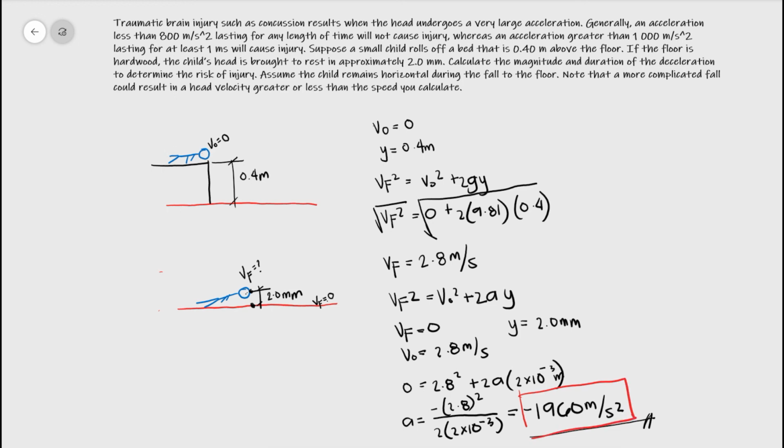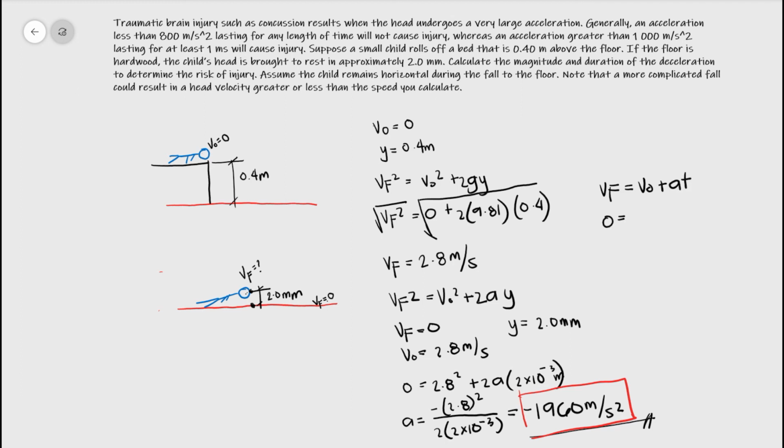And for the time, since we know the final velocity is equal to 0 and the initial velocity is 2.8 meters per second, we use the kinematic equation Vf equals Vo plus at. Our final velocity is 0.